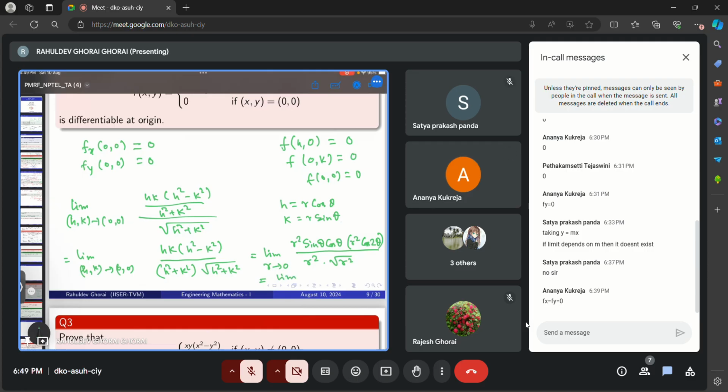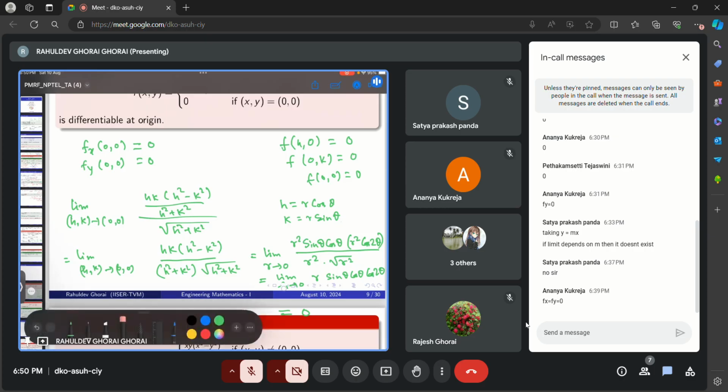Please confirm whether the calculation is right. Then r times you can write sin theta cos theta cos 2 theta. Whatever the theta functions here, they are bounded. So the limit as r tends to 0 will give you 0. Sorry, not h tends to 0, here r tends to 0.